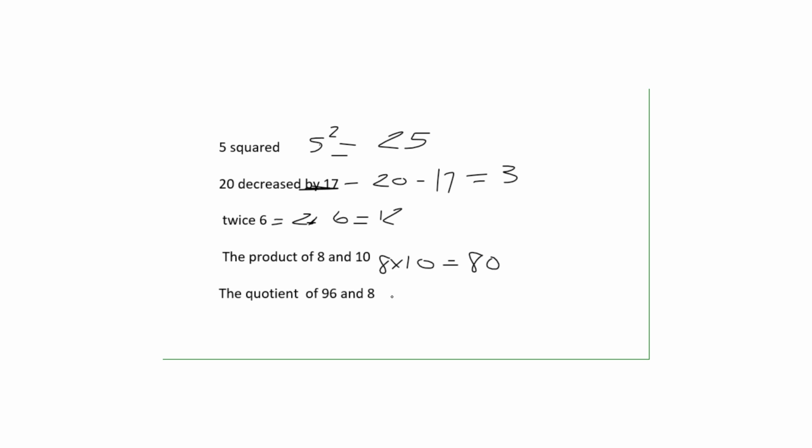And the next one says the quotient of 96 and 8, so that would be 96 divided by 8, and that would give us 12. And that's it for the evaluation of expressions.